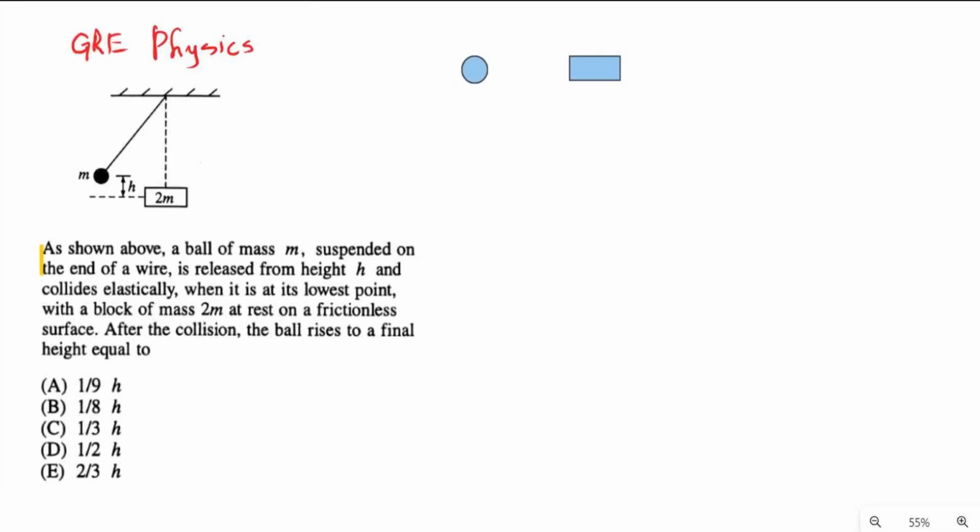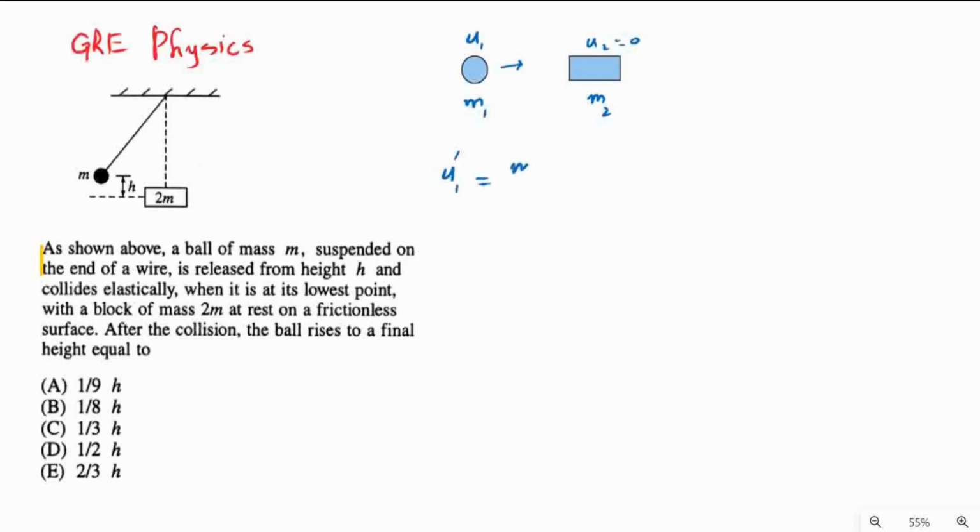Now let us assume we have a ball of mass m1 which initially is moving with a velocity u1 to the right and which collides with a stationary block of mass m2, velocity u2 is equal to 0, and the velocity of the ball immediately after the collision is given by this expression. u1 prime is the velocity of the ball after collision.